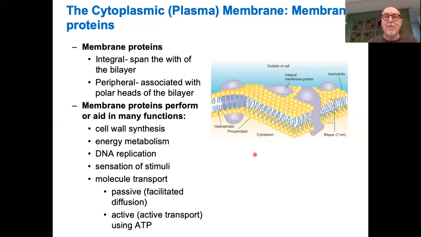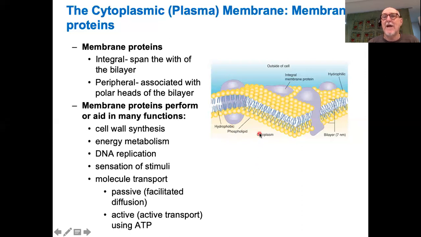Sometimes we'll see that transport is simply passive. It does not involve any expenditure of energy, but nonetheless, the proteins will be like a guardhouse. They will allow only certain things to pass across passively into the cell. Other times, the proteins will actively transport stuff.